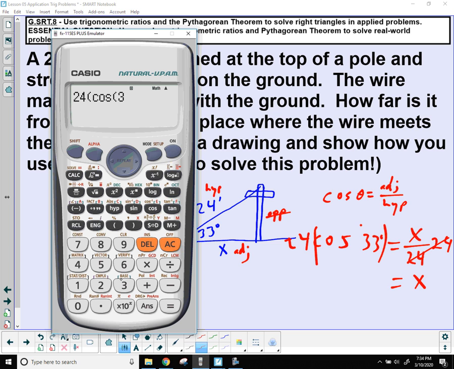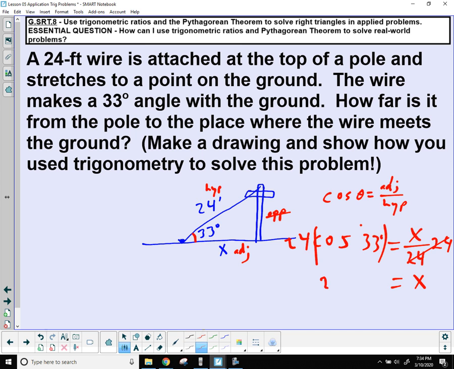All right, 24 times that equals, we get 20.1 or 20.13. Holy moly. Yep. I cannot write that 3. I am going to go home and try my luck on my computer.